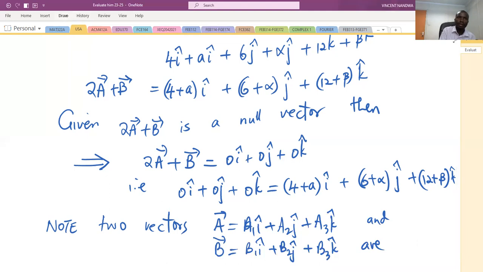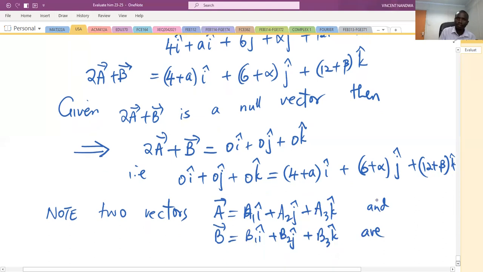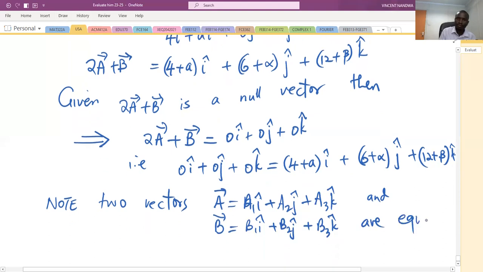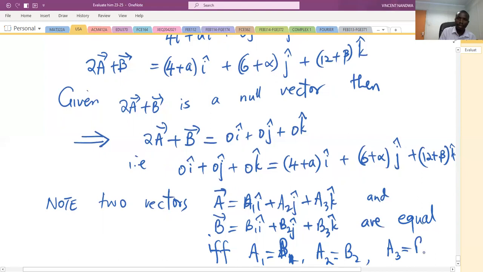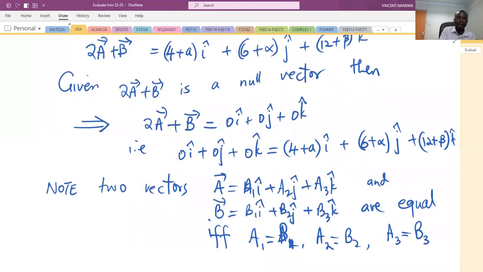That is, a1 equals b1, a2 equals b2, and a3 equals b3. So this is the condition that you're going to use to solve for a, alpha, and beta.